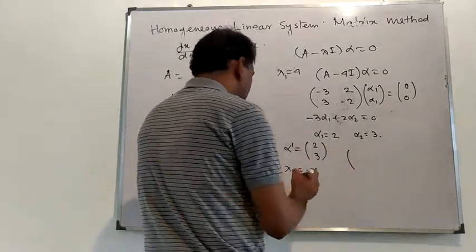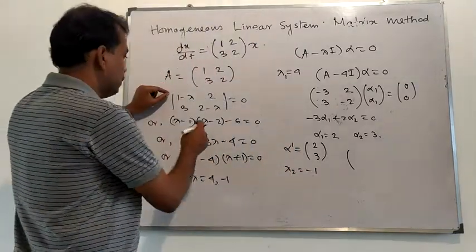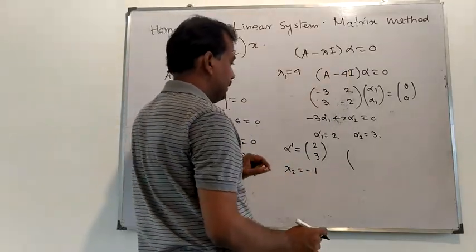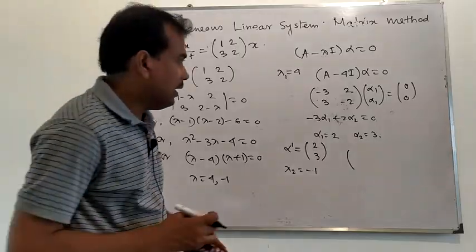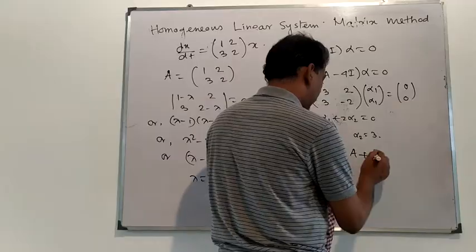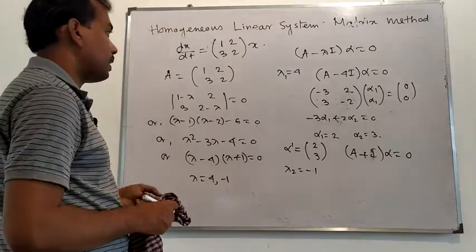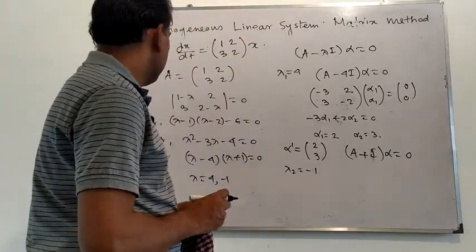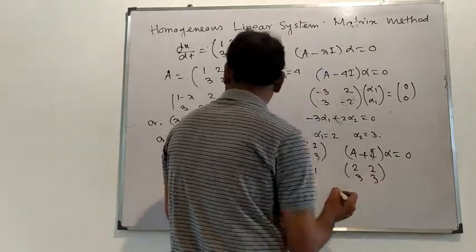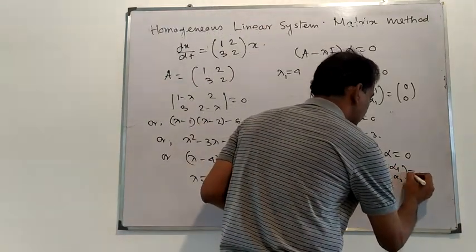and corresponding to lambda 2 equal to minus 1, the equation is (A plus I) alpha equal to 0, putting lambda equal to minus 1 here, that is we get 2 2, 3 3, alpha 1 alpha 2 equal to 0.